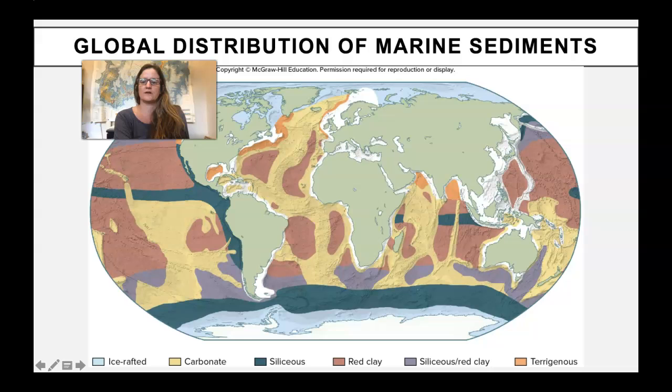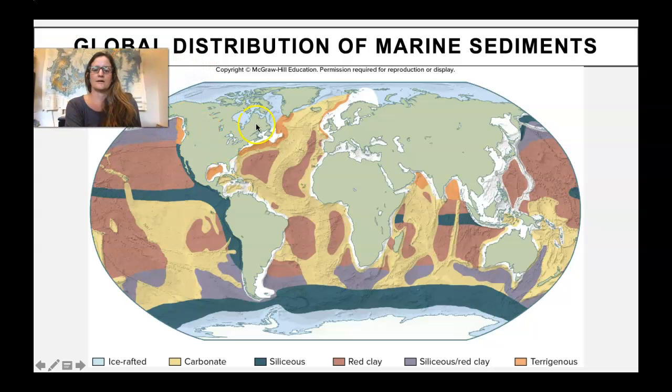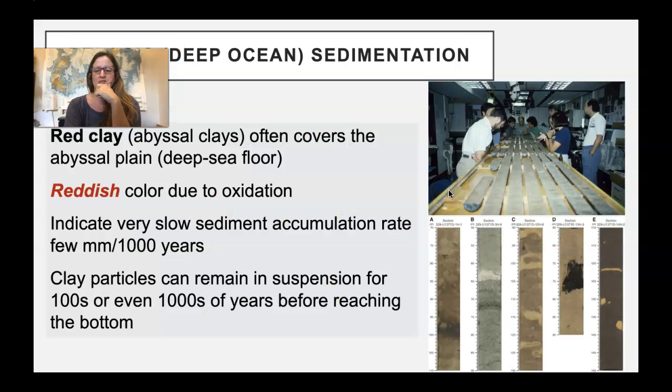All right, so here are those terrigenous sediments near the shore environment around North America and the Middle East and into India and erosion coming off the Himalayan mountains. Pelagic sediments, I've mentioned, are going to be usually made of clay.